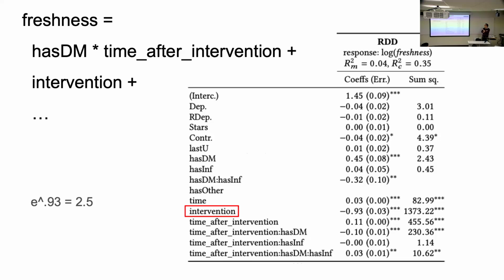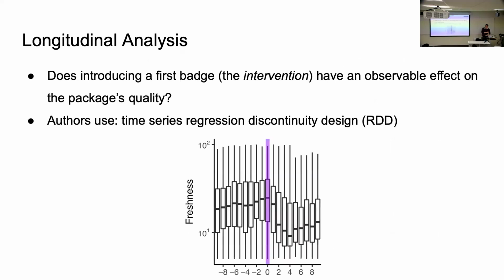The other cool thing here that I wanted to draw your attention to is the following. And you mentioned this, but I want to highlight it. What you see here is distributions of this freshness metric over time, right?